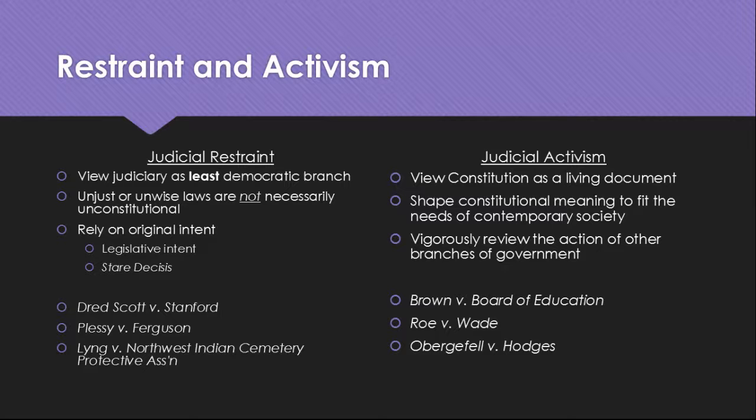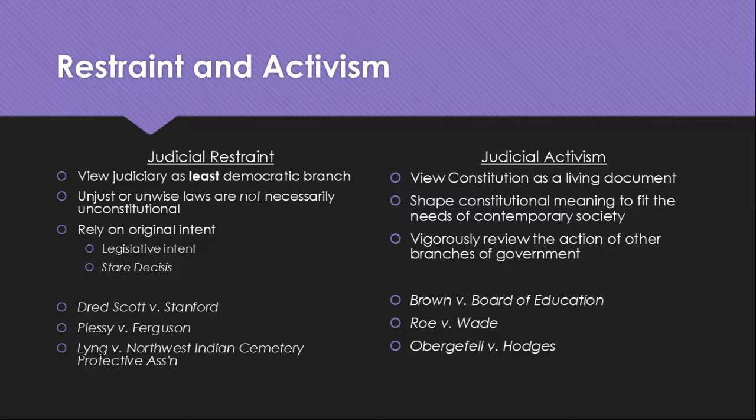And in that way, when judges practice judicial restraint, they are reflecting the idea that the United States Supreme Court is the least democratic branch. Even though the law might be unfair or unwise, it's not necessarily unconstitutional.